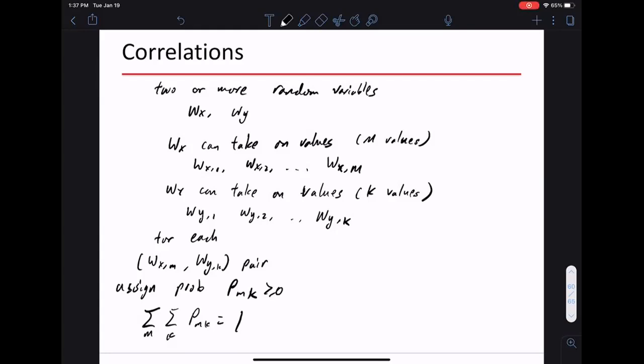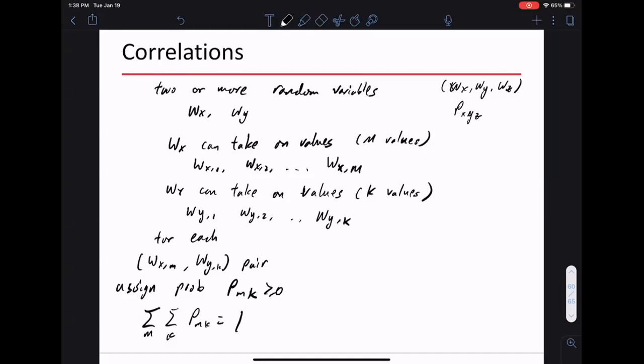Yes, if you have 3, you have a Wx, Wy, Wz triple, and you assign a probability to all 3 of them. And the same for 100? Yes, with 100 you have to have 100. It's described the same way. It becomes very unwieldy to use, but in principle it's described by this high-dimensional joint probability, when you describe everything together.